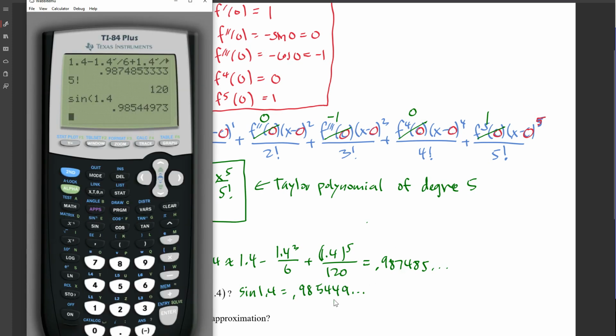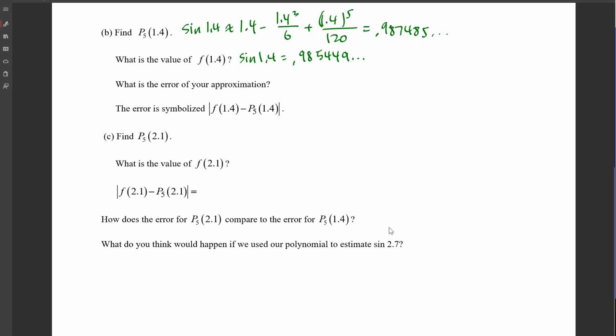What is the error of my approximation? Let's subtract this from 0.987485. So my error is about 0.002. How did I get that? I just subtracted these two numbers here.